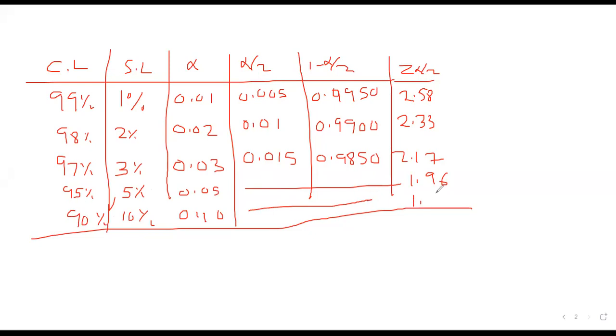Here you're going to get 1.64. So we made a summary. 99% is 2.58, 98% is 2.33, 97% is 2.17, 95% is 1.96, and 90% is 1.645 or 1.65. So this is our song that we need to know.